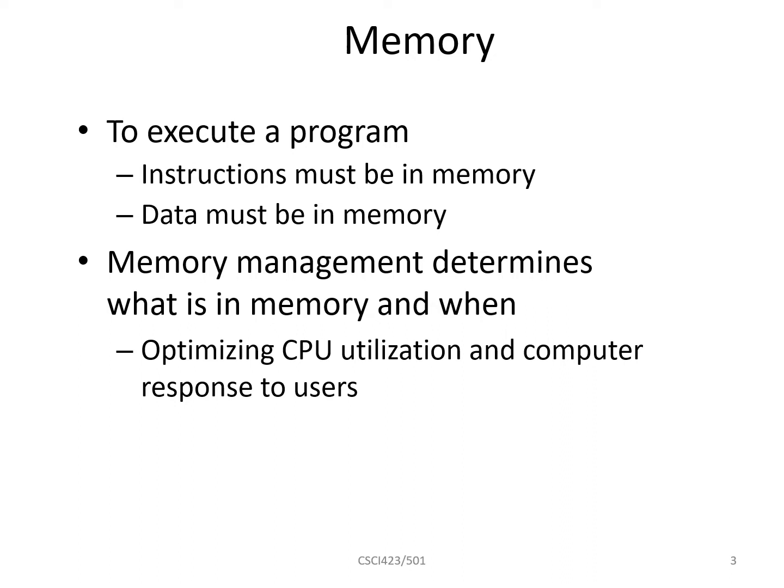So if we do the memory management well, then those instructions should already be available inside the main memory. That definitely can increase the speed for the program to run on the CPU. So that's why memory management is very important.